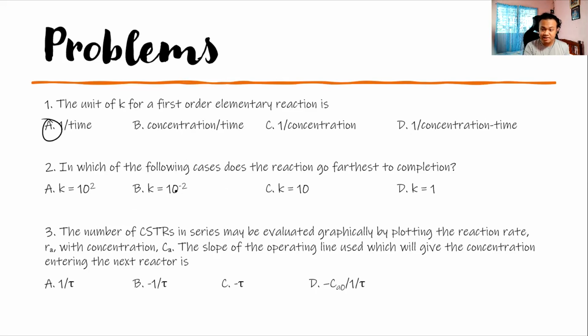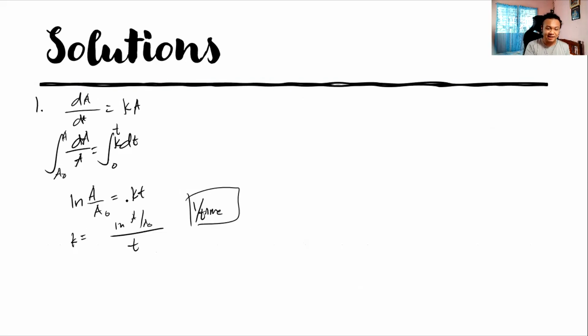What is the largest specific rate of reaction here? It's letter A. If this increases, this also increases. That's how it will be explained.